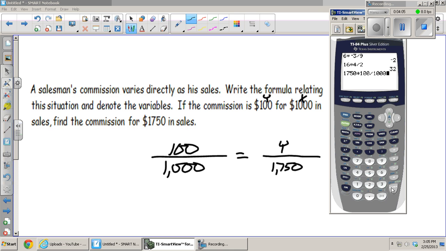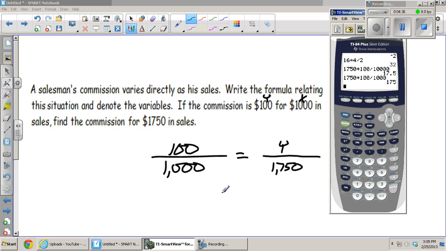Let me do that over. This thing keeps glitching on me. 1750 times 100 divided by 1,000. Okay, hit enter. That's more like it.